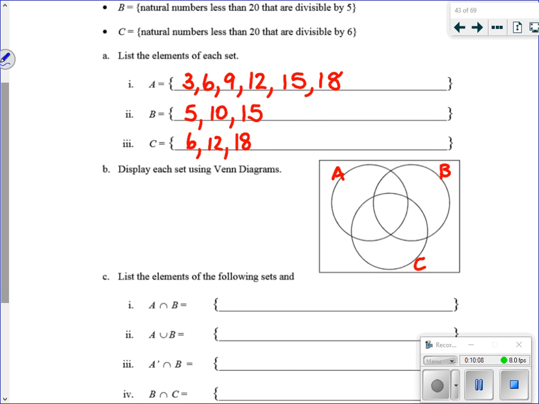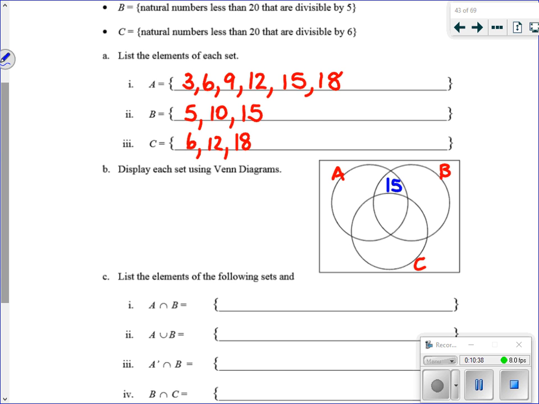Okay, what about elements of set A and set B? Just the number 15. So it goes here. It's an element of set A and set B, but it's not an element of set C, so that's why it does not go there, right? Because that's part of circle C as well. Okay.